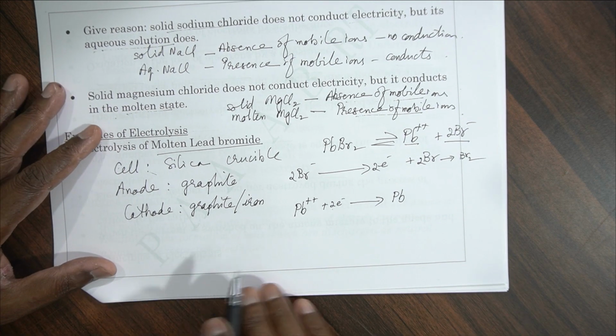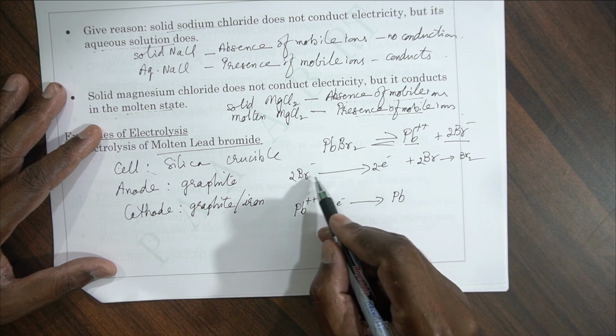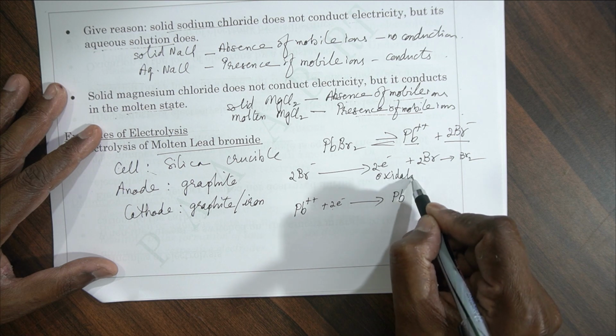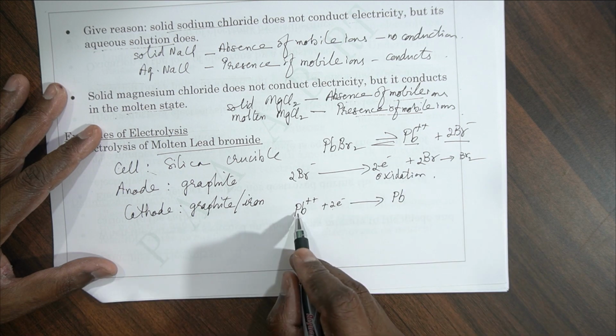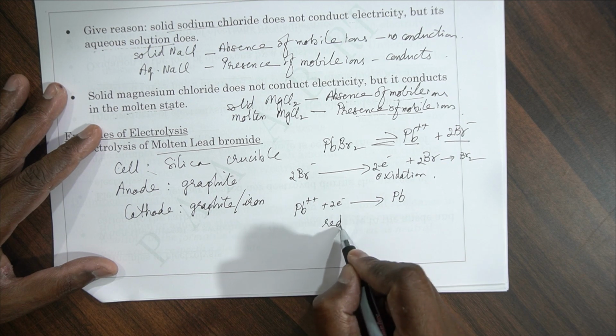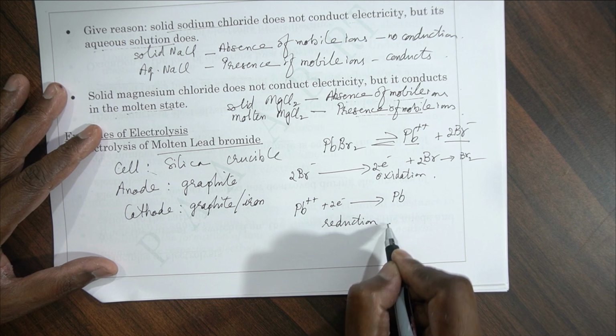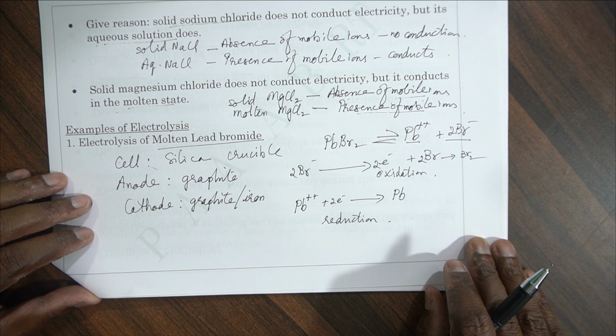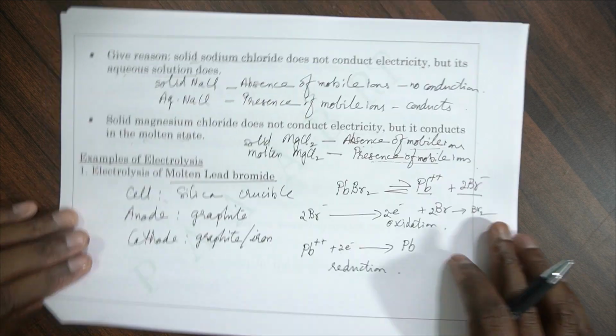The bromide ions are losing electrons at the anode, so it is oxidation. At the cathode the substance is gaining electrons, so it is reduction. Overall the reaction is redox because oxidation and reduction happen simultaneously. So this is the reaction of molten lead bromide.